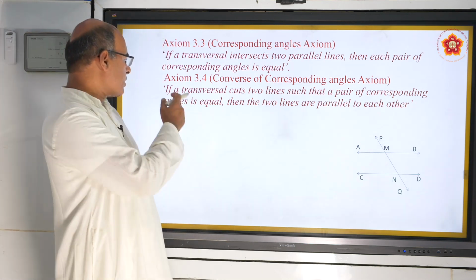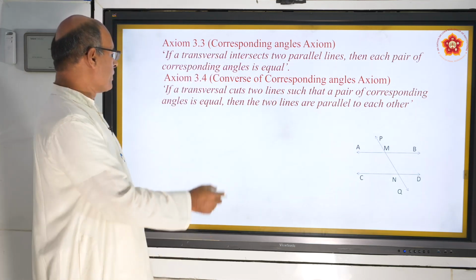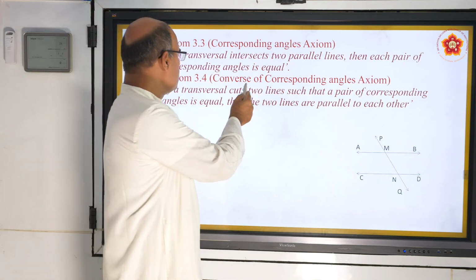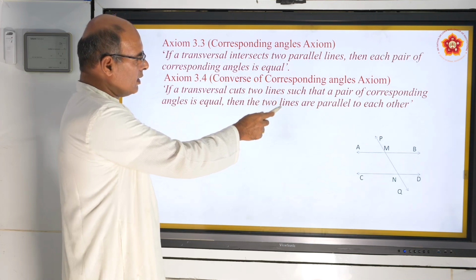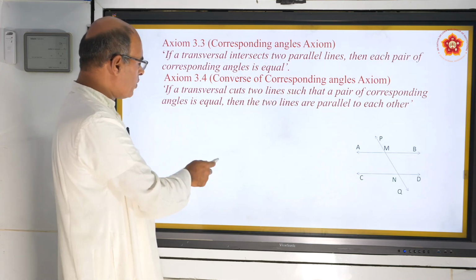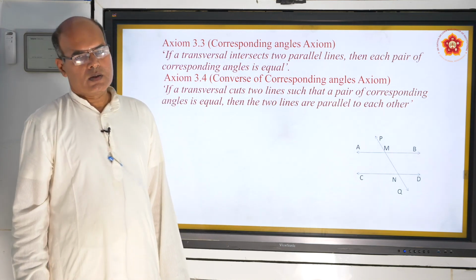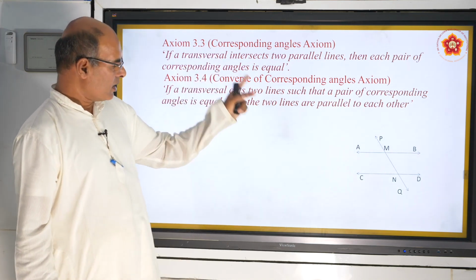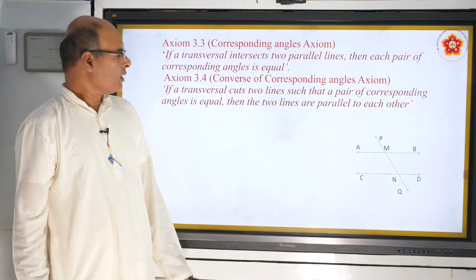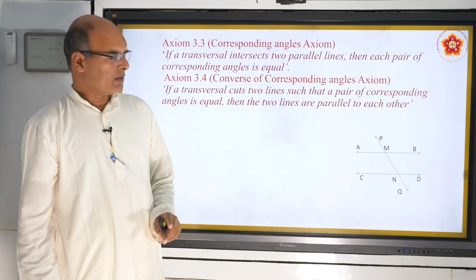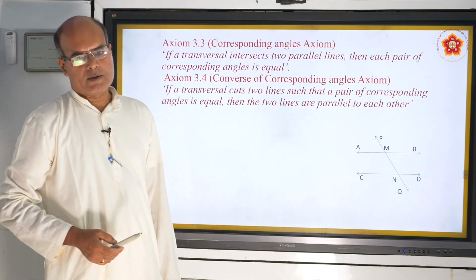So the converse of axiom 3.3 is: if a transversal cuts two lines such that a pair of corresponding angles is equal, then the two lines are parallel to each other. Axiom 3.3 says if the lines are parallel, then the corresponding angles are equal. Axiom 3.4 says if the corresponding angles are equal, then the lines are parallel.